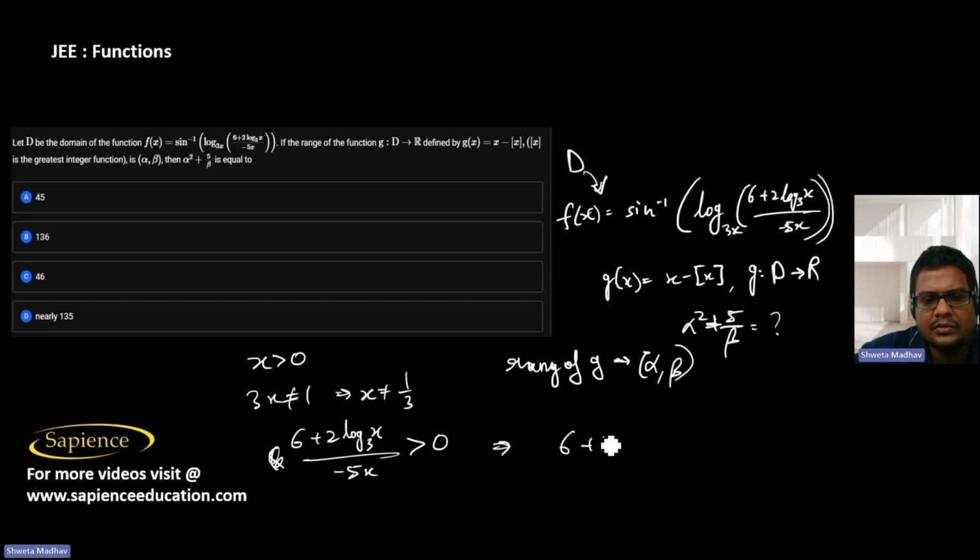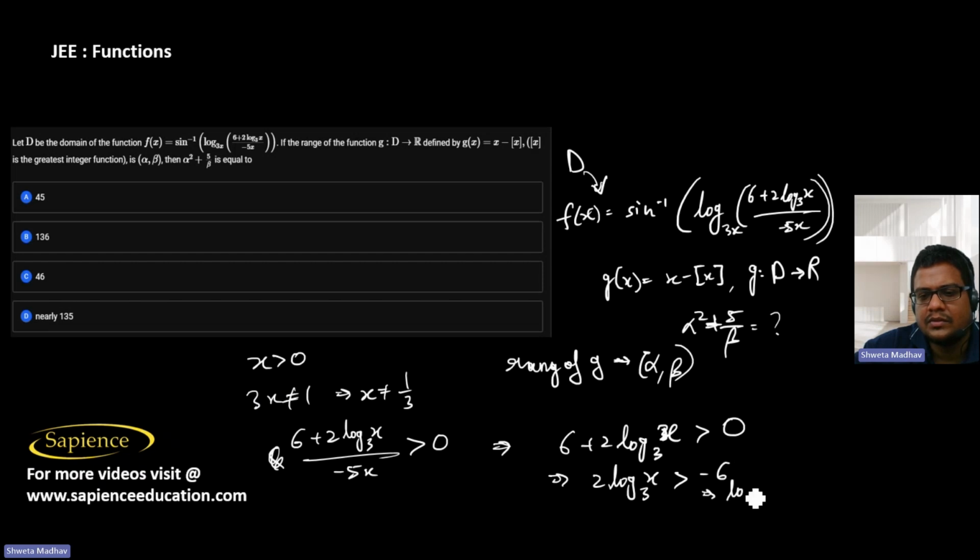So therefore 6 plus 2 log x base 3 should be greater than 0, and 2 log x base 3 is greater than minus 6. So therefore log x base 3 is greater than minus 3.